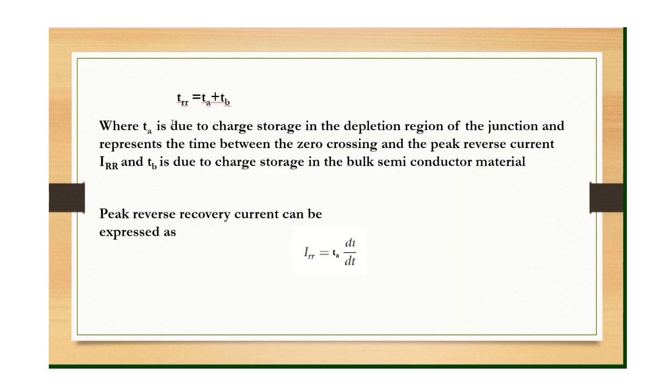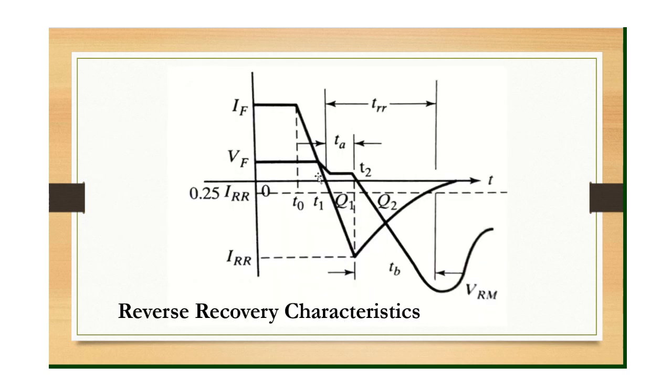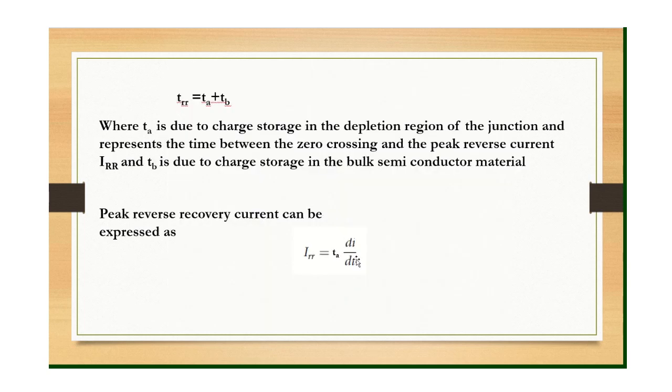Here TRR is given by two components, TA and TB, where TA is due to the charge storage in the depletion region of the junction and represents the time between the 0 crossing and peak reverse current IRR. If you go back, the time between the 0 crossing of the current and the peak reverse current is TA, and TB is due to charge storage in the bulk semiconductor material.